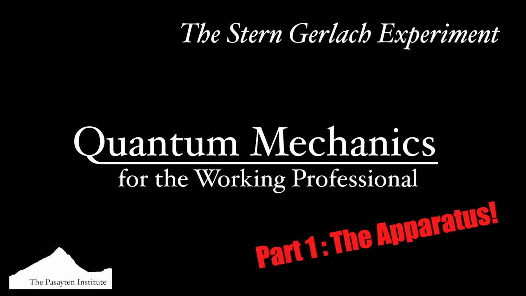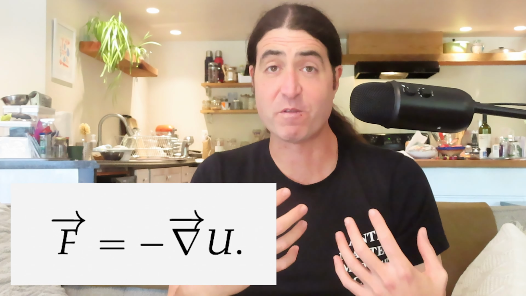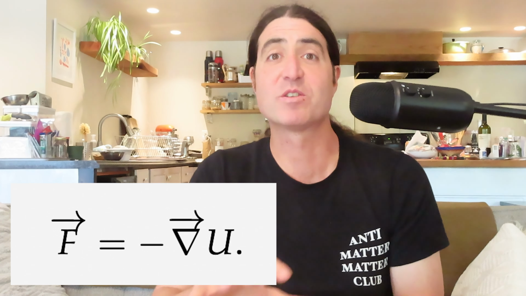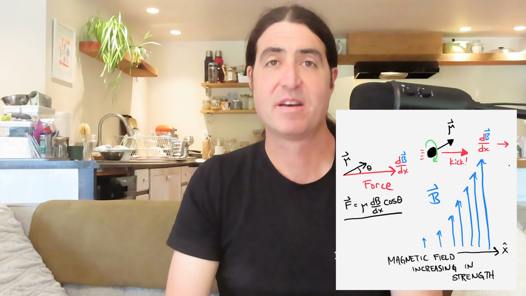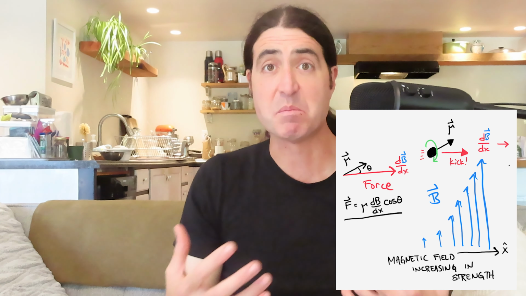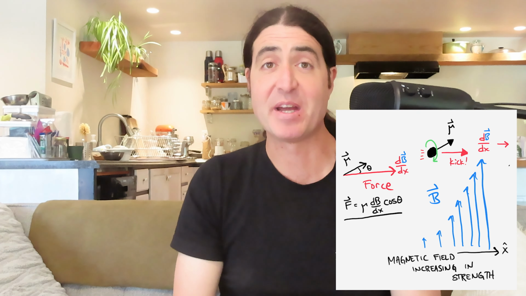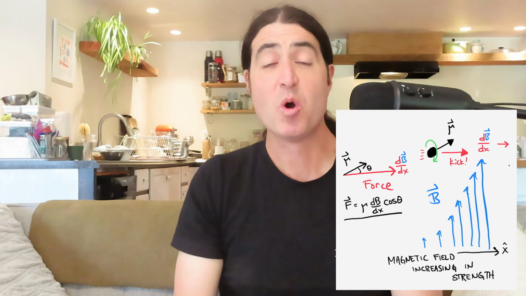From elementary physics, you might recall that a potential energy is related to a conservative force in the sense that the conservative force is the gradient or directional derivative of that potential energy function. What that means for us is that if we apply a magnetic field that varies in space, then the silver atoms, the magnetic moments that experience that magnetic field, will experience a force along that variation.